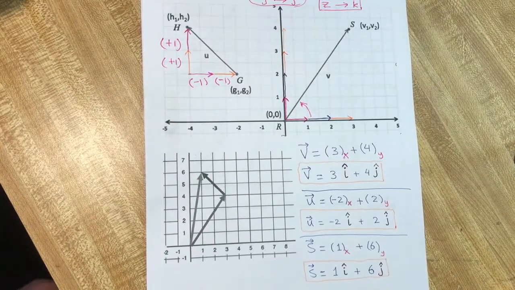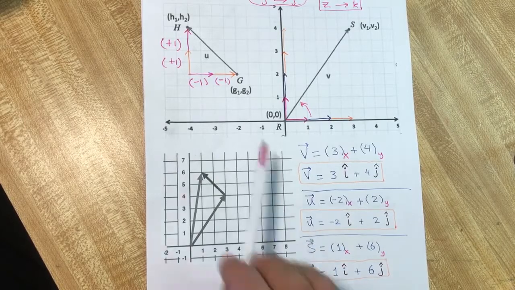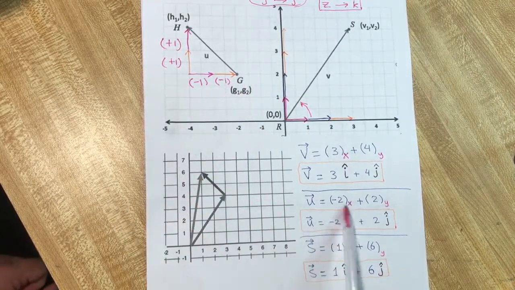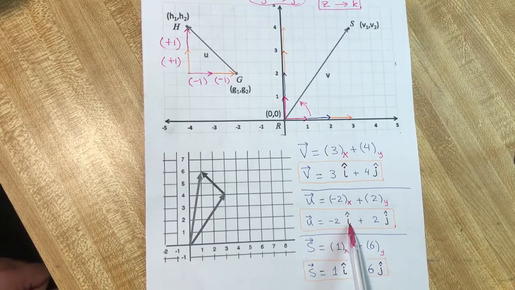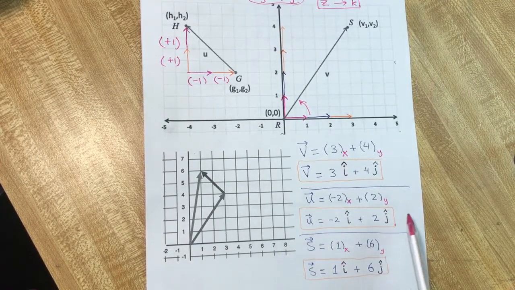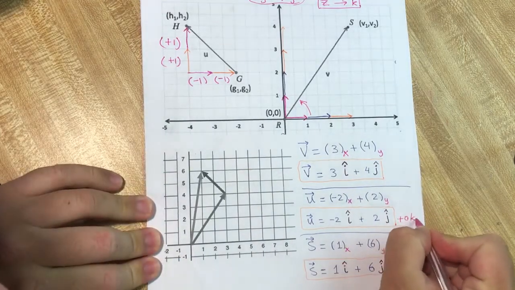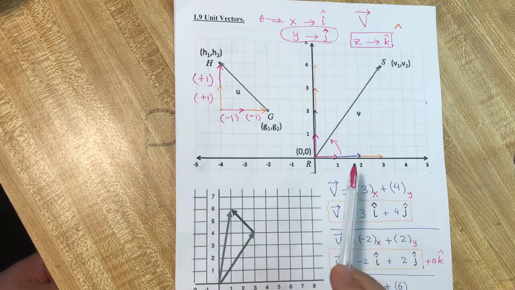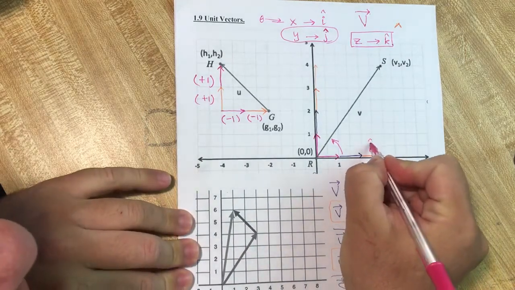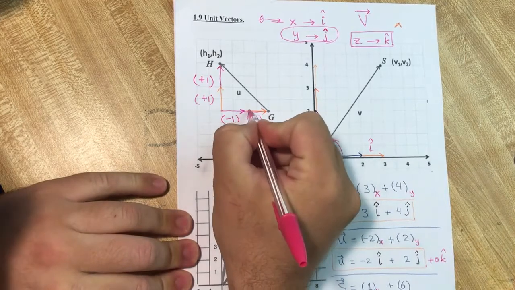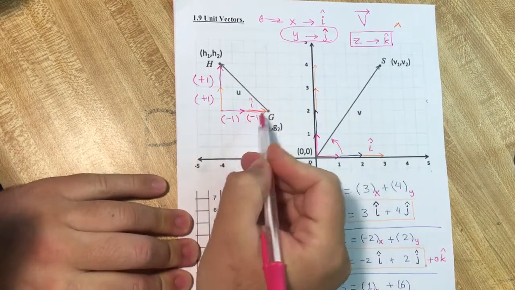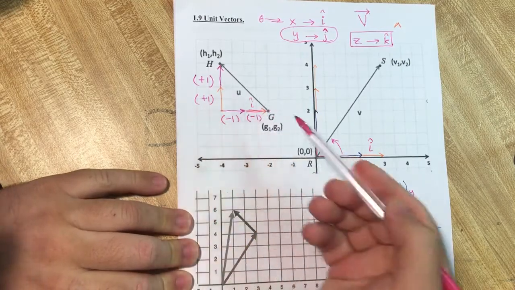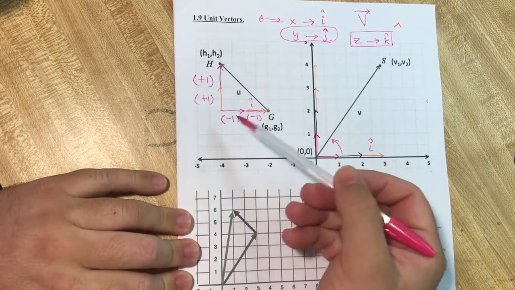Okay, now what about the vector u? Again, u is minus 2 in the x direction, minus 2 i hat, plus 2 j hat. There is no component in k hat. We can put 0 k hat. We don't have any third dimension here. Look at i hat. I hat is always directed to the positive x-axis. But in the vector u, it goes in the negative x direction.